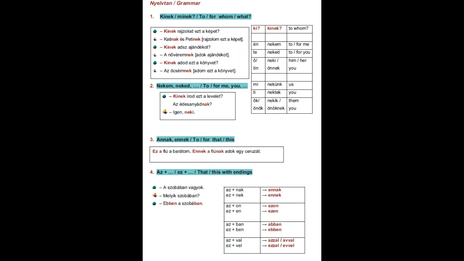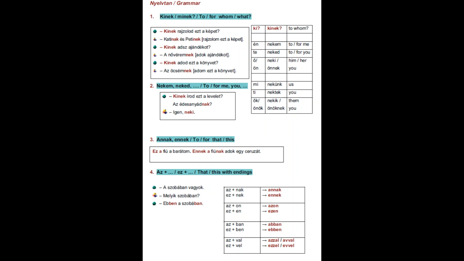And now look back up to 3 where we've been reading just now, and annak and ennek. Do you see the A and the E? I'm pronouncing those letters in English so that you see, the A and the E that begins az and ez, and annak and ennek.